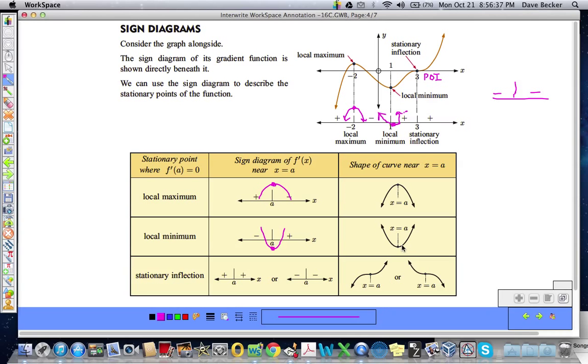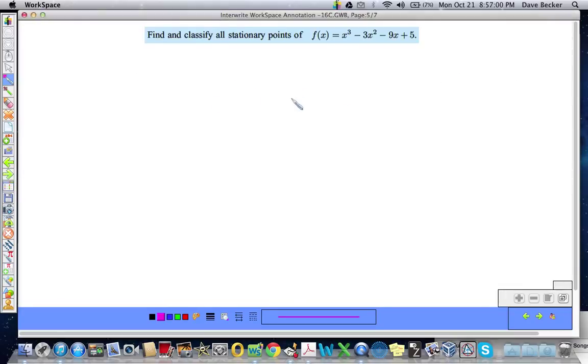Could it be global? Yes, but that has to do with checking out the function, and we'll get to that later. And if I have no change at a critical point, in other words, increasing to increasing or decreasing to decreasing, then I have a point of inflection where only the shape of the graph changes. Not whether the function is increasing or decreasing. That does not change.